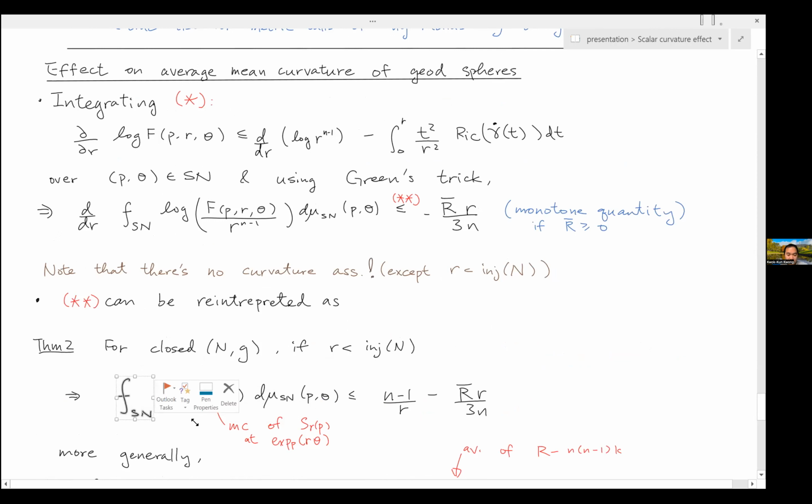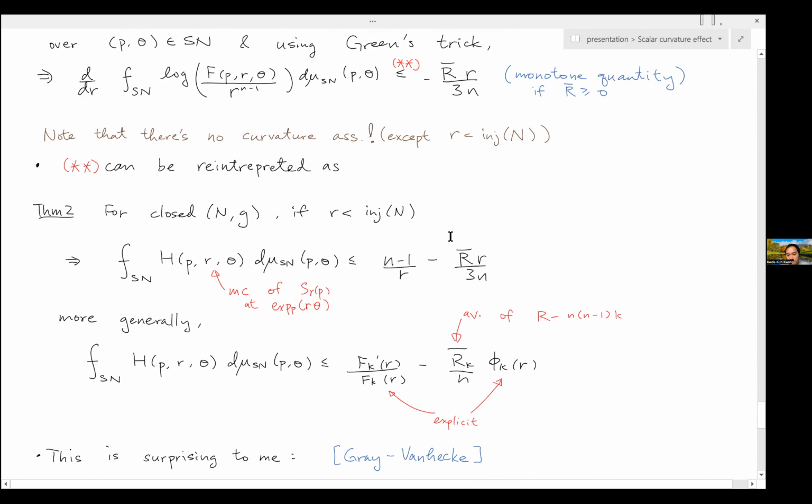All right, so it turns out to be less than the corresponding mean curvature of the Euclidean sphere. So the Euclidean sphere has mean curvature (m-1)/r, and there's a correction term in terms of the average scalar curvature. And notice that in this theorem, I didn't assume anything on the Ricci curvature.